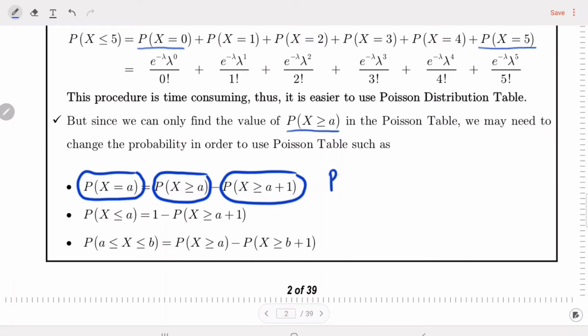So to find the probability X equals 3, we need the probability X greater than or equal to 3, minus the probability X greater than or equal to 3 plus 1, which is 4.